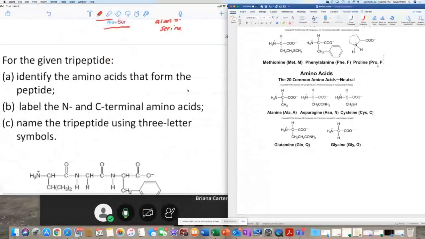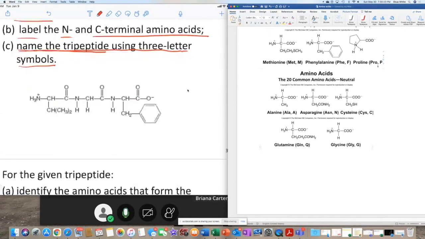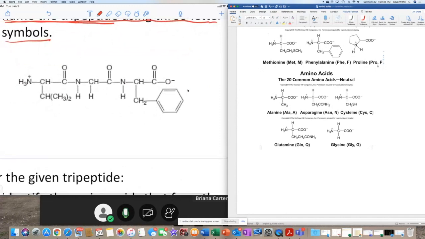So here we're told, for the given tripeptide, identify the amino acids that form the peptide. Label the N and C terminal amino acids. Name the tripeptide using the 3-letter symbols. Okay, we can do this. No need to panic.